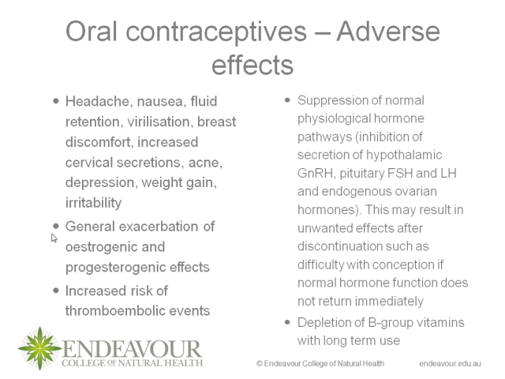But this may all have unwanted effects, such as discontinuation of ovulation after the pill is stopped, so difficulty with conception when the couple then choose to have a child. So it takes some time for the normal hormone function to begin again, leading to ovulation and a successful conception. It's also known that with time, the oral contraceptive pill can deplete B group vitamins.